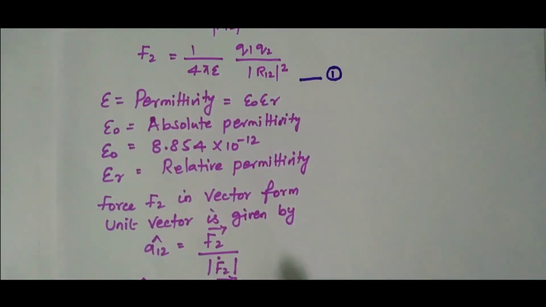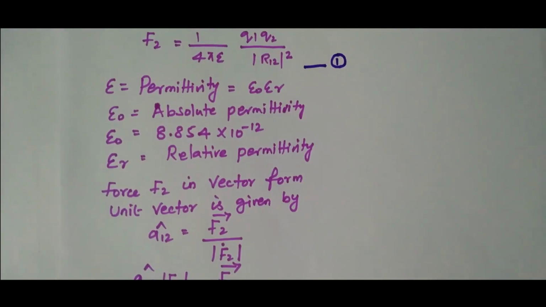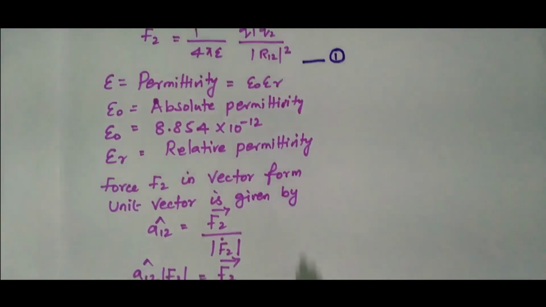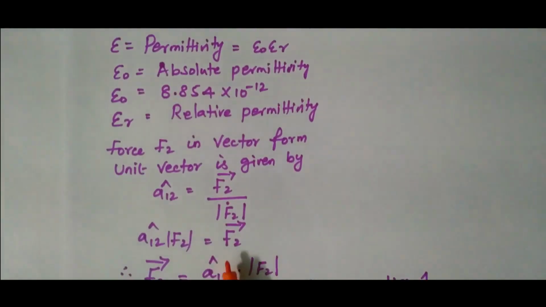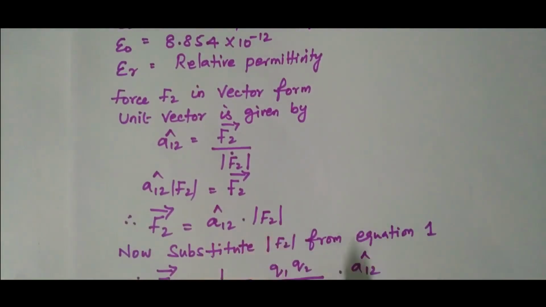In order to get the vector form, we can refer to the unit vector. A12 unit vector equals F2 vector by F2. Cross multiply this so that A12 unit vector into F2 equals F2 vector. So this F2 vector can be written as A12 vector into F2.